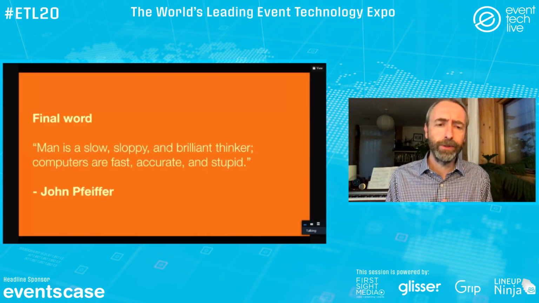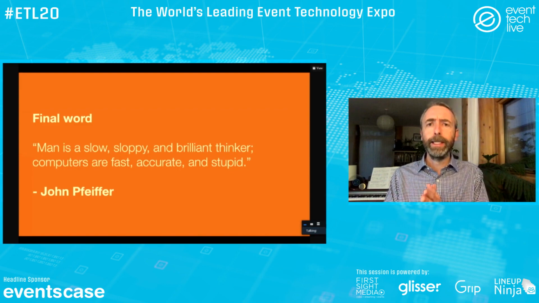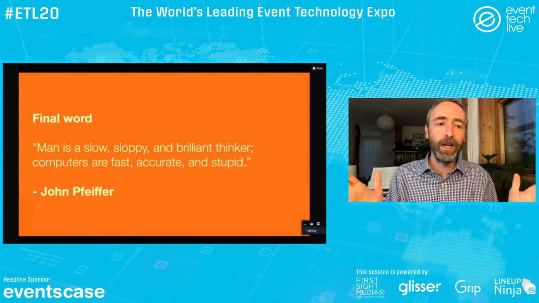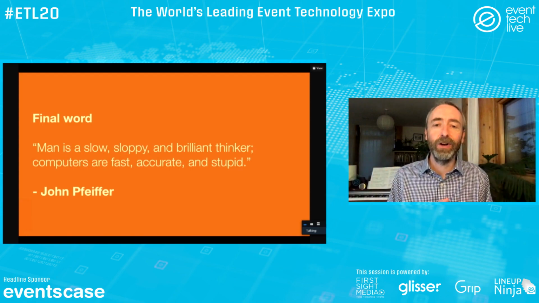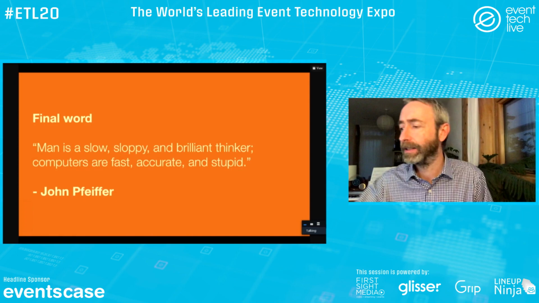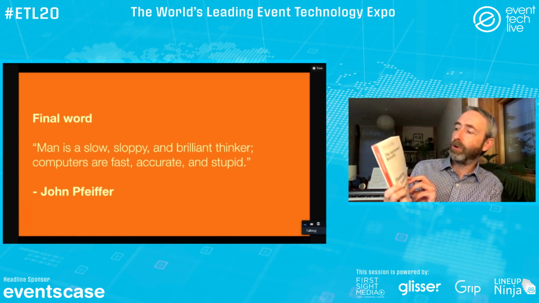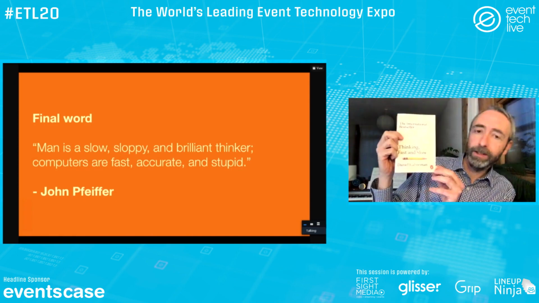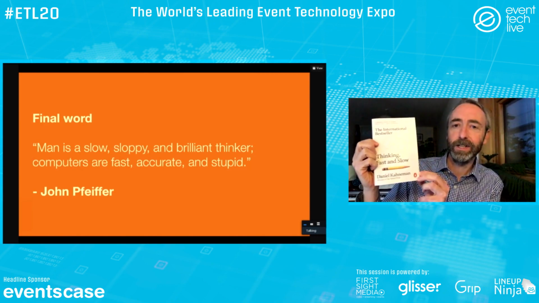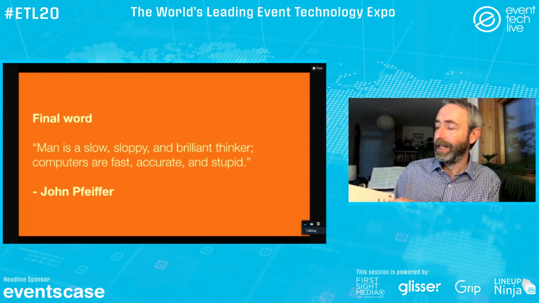Here's a quote that I found from John Pfeiffer, who's an author: "In the interest of gender equality, let's say Homo sapien is a slow, sloppy, and brilliant thinker." If you've ever read the book by Daniel Kahneman called Thinking, Fast and Slow, you'll know exactly what he's on about here.